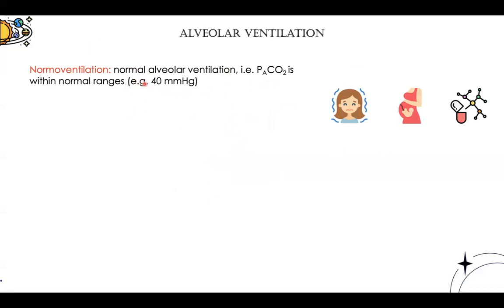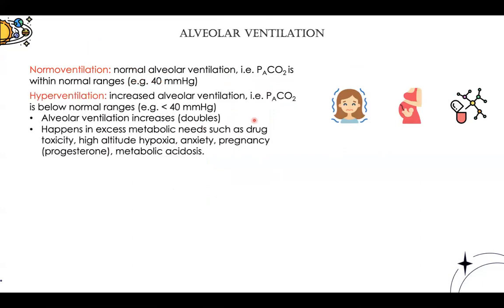The normal range is around 40 millimeters of mercury. Hyperventilation is increased alveolar ventilation, and if we increase alveolar ventilation, our PaCO2 decreases. So it's below normal, at least a 10 to 15 millimeter mercury change, not 39, that's too close.